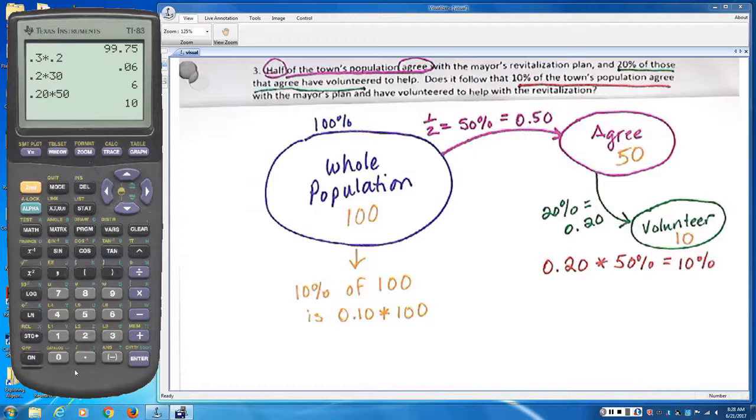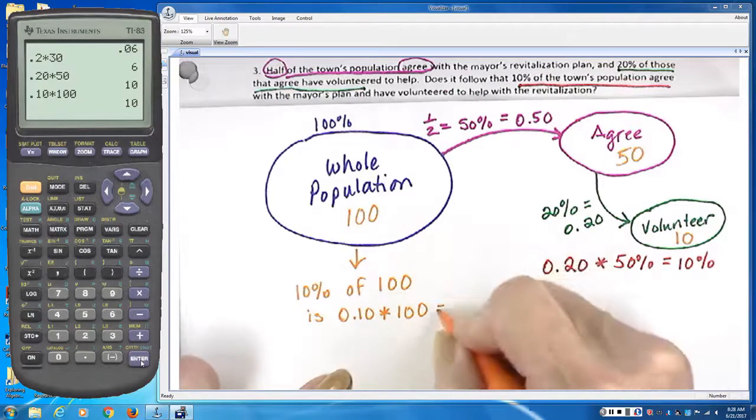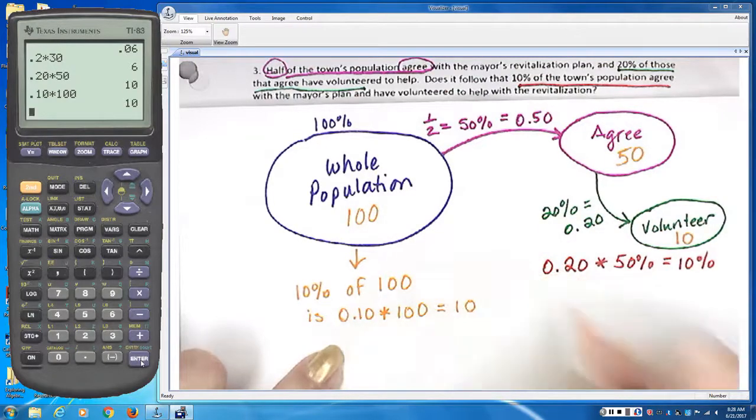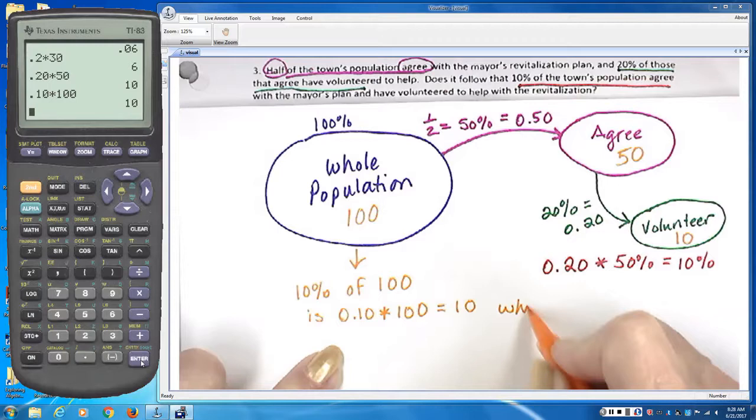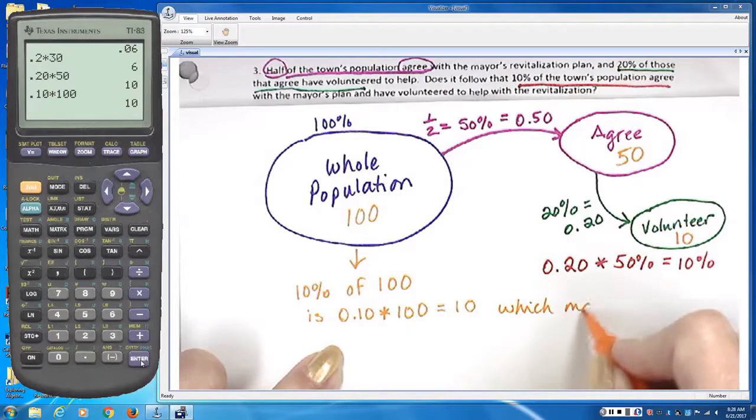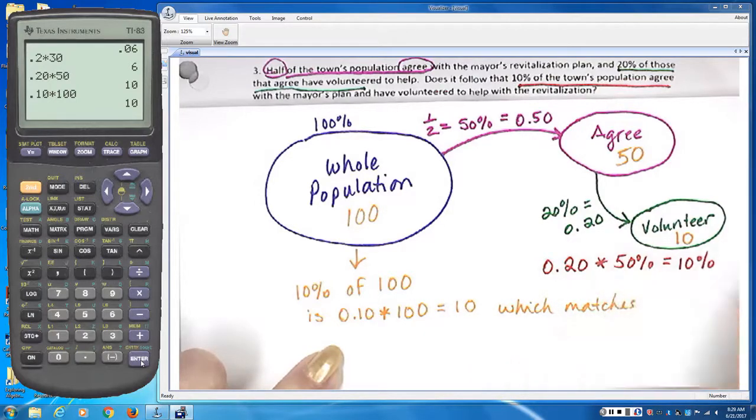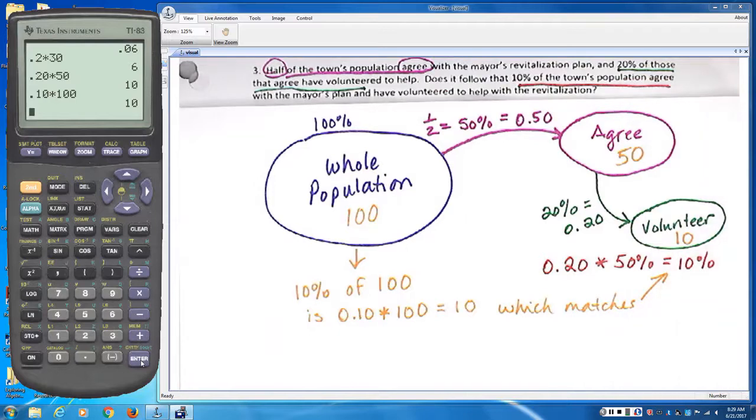That's 10. So yes. So it matches what we came up with. So then we're sure that we're correct.